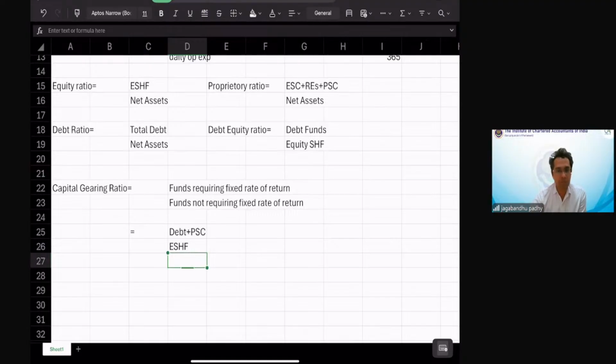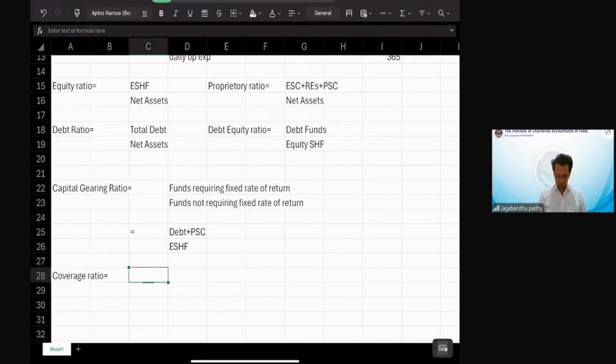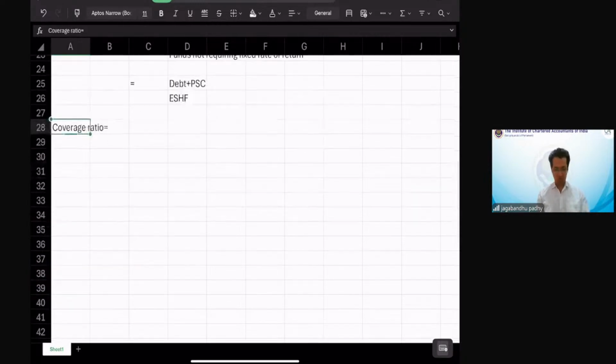Then also your solvency is going to be looked at by looking at another set of ratios called coverage ratios. There are multiple coverage ratios, by the way.